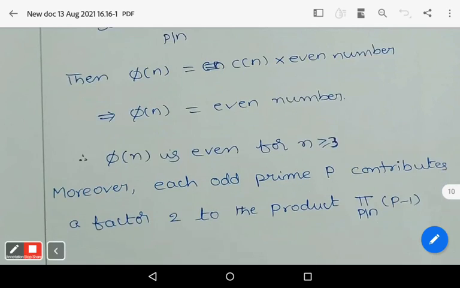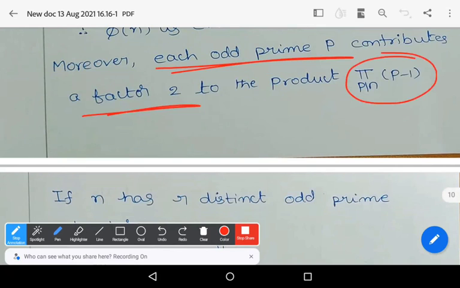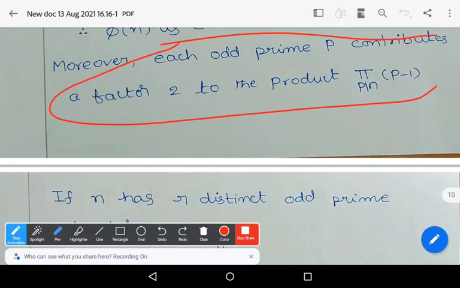Now let us go for the further statement. Remember that each odd prime p contributes a factor 2 to the product over p dividing n of (p minus 1). This is the fact: each odd prime p contributes a factor 2 to the product.